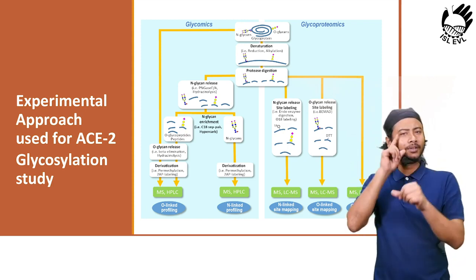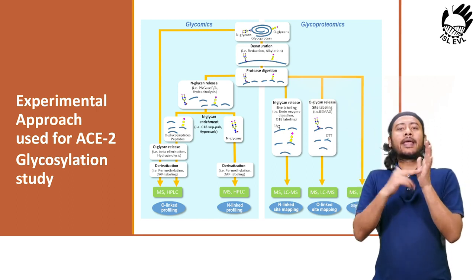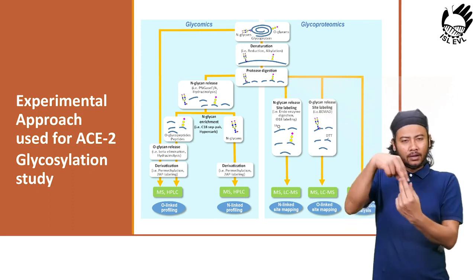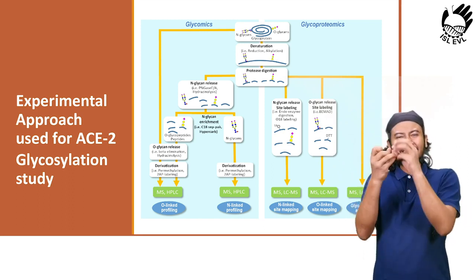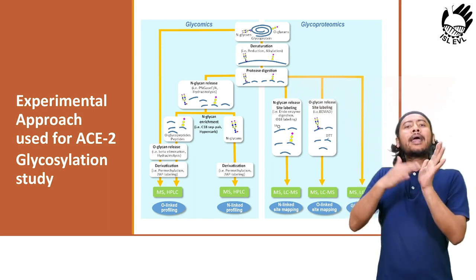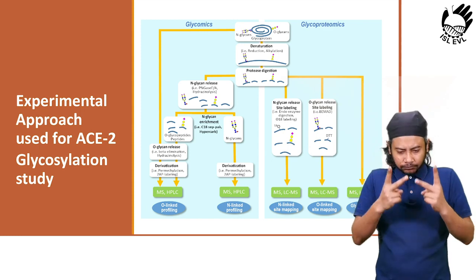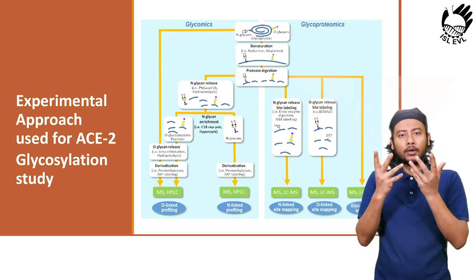So you can see that the proteins will be denatured, as I mentioned earlier, then digested to several small peptides, and these peptides will be utilized further to release the glycans from them, and these glycans are later derivatized, as I will show in another slide.